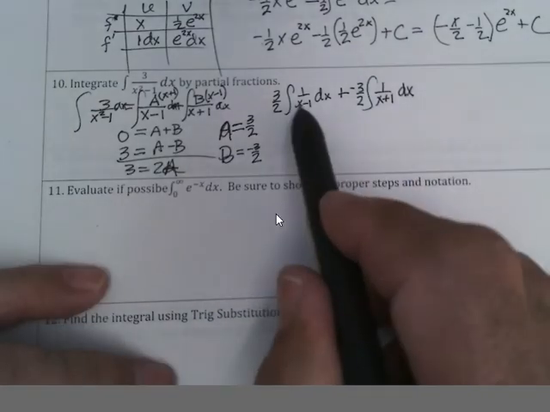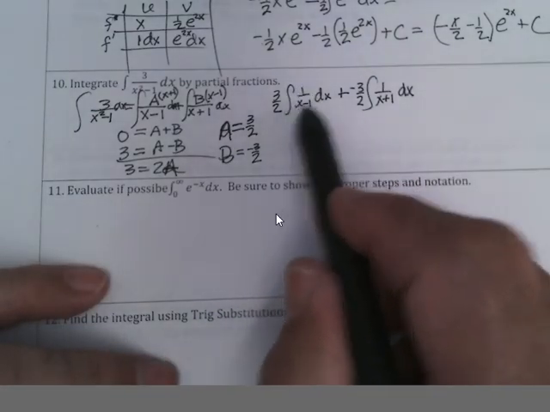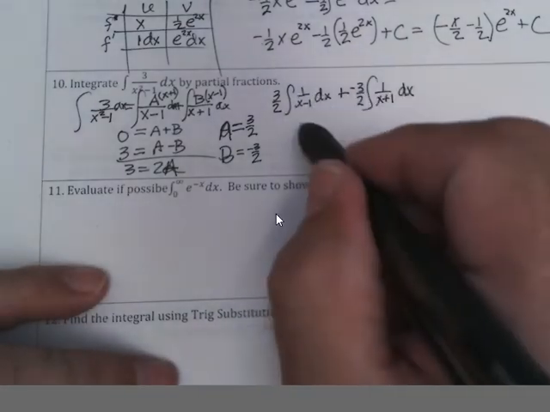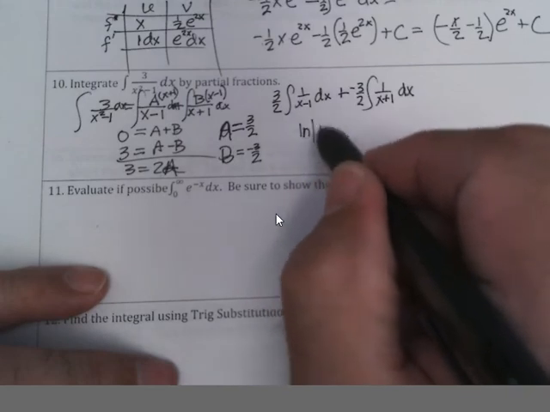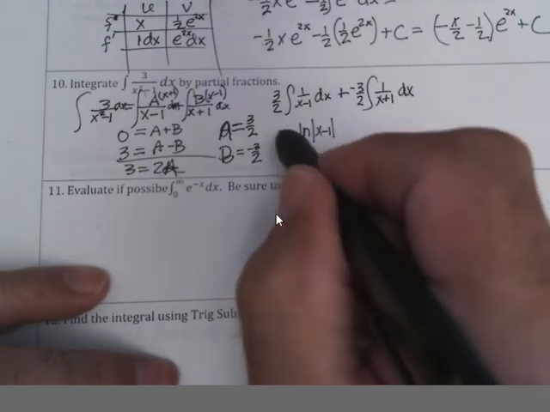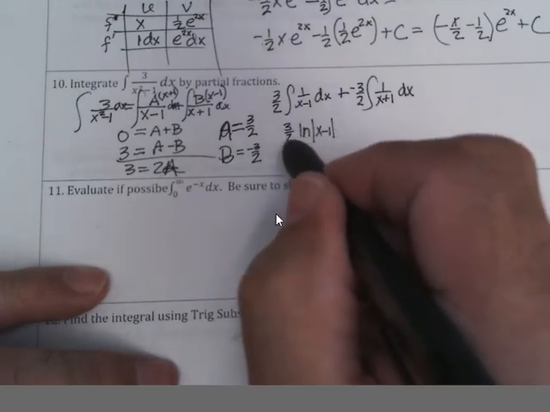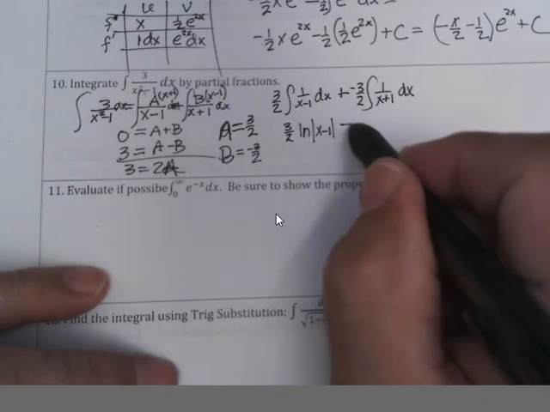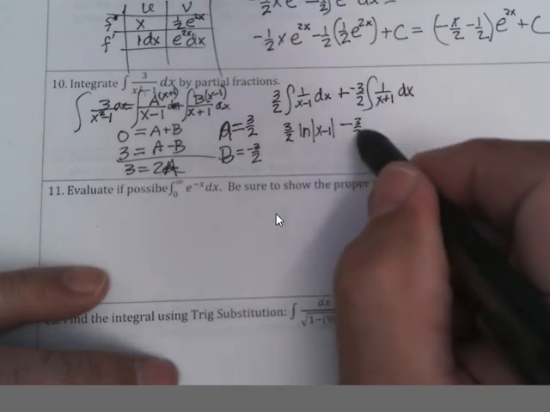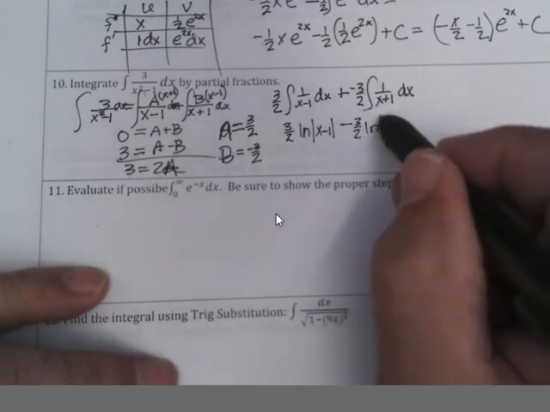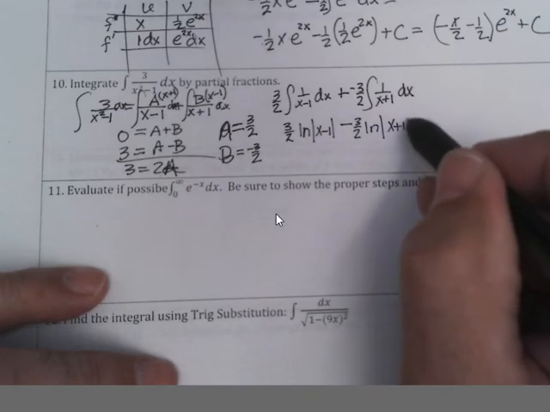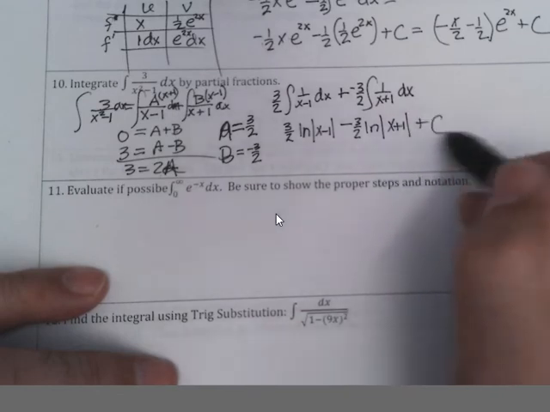And if you do u sub, this becomes 1 over u du, and so it's 3/2 ln of x minus 1 minus 3/2 ln of x plus 1.